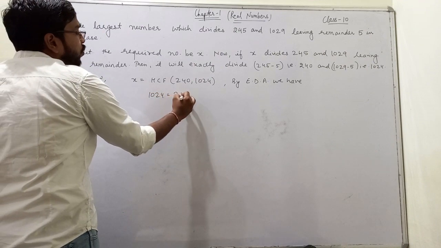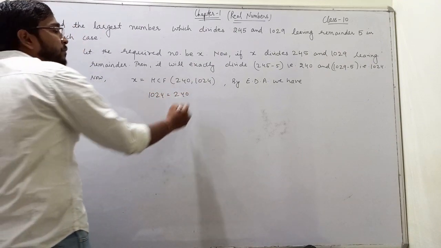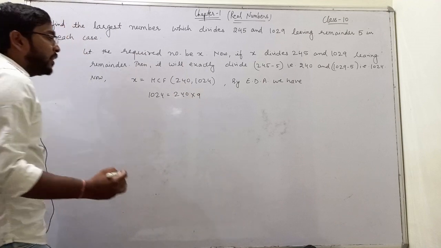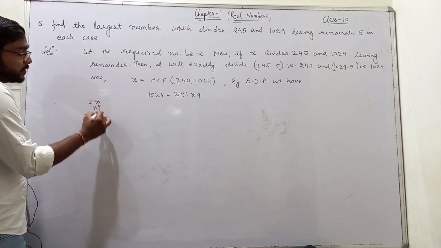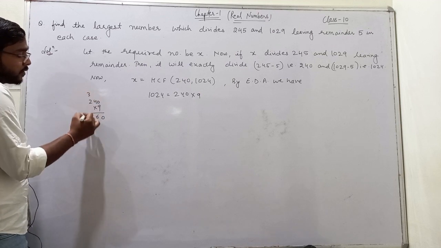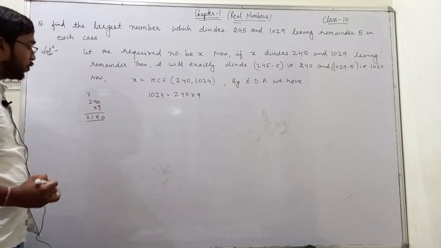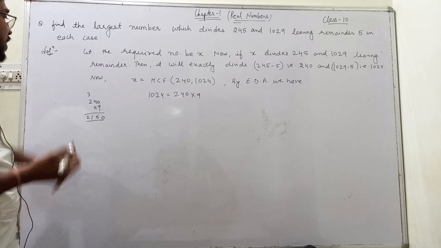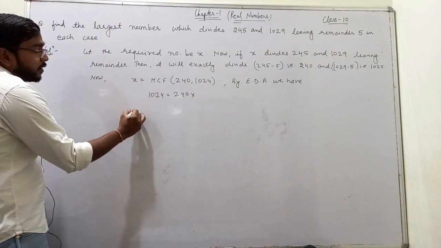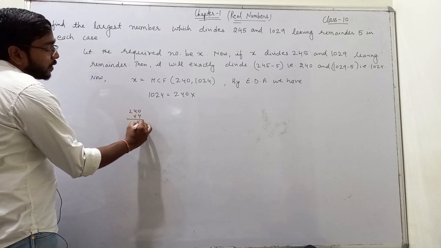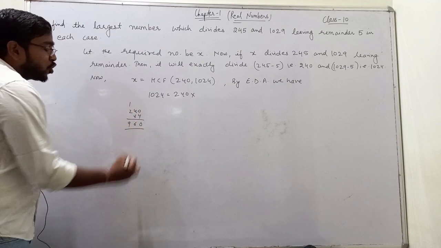1024 equal to 240 times something. That something can be 9. Multiplying 240 by 9, we get 2160, which is a much greater number. So let us try multiplying 240 by 4. So we get 960.